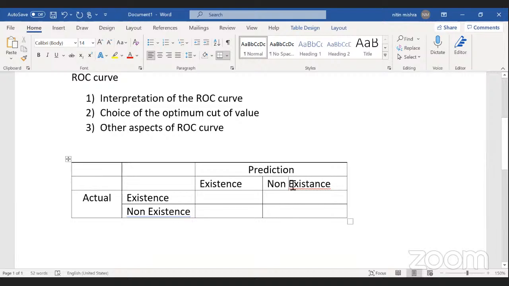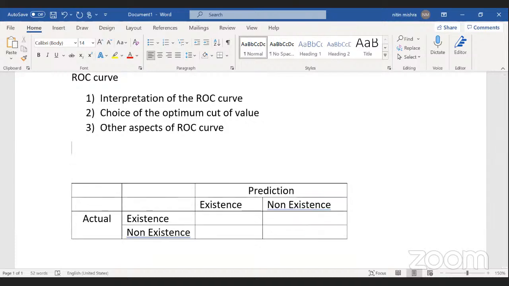Now let me explain what is the meaning of these existence and non-existence in the thing here.